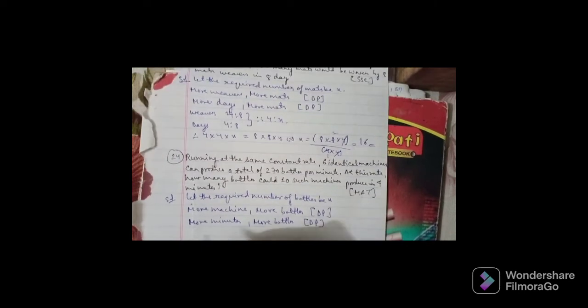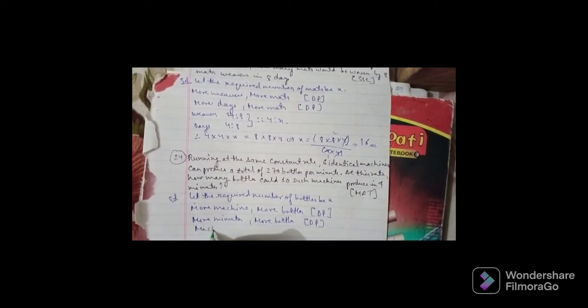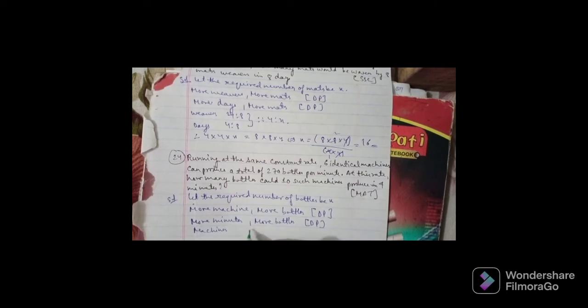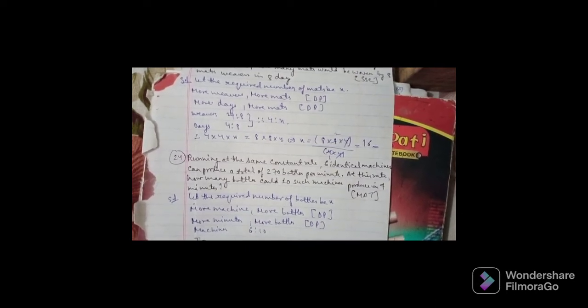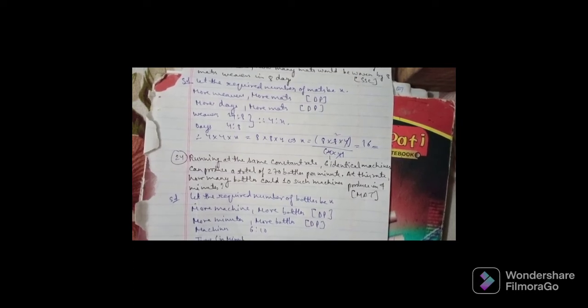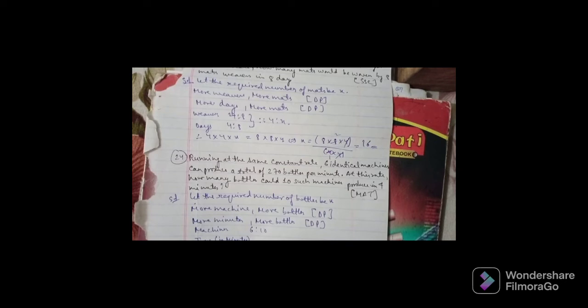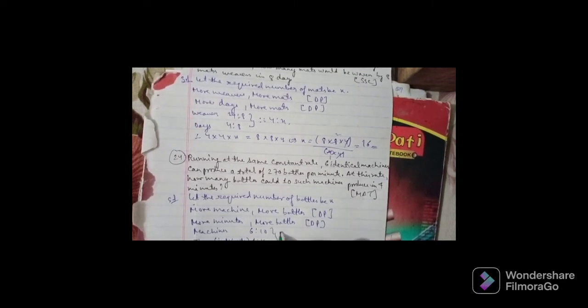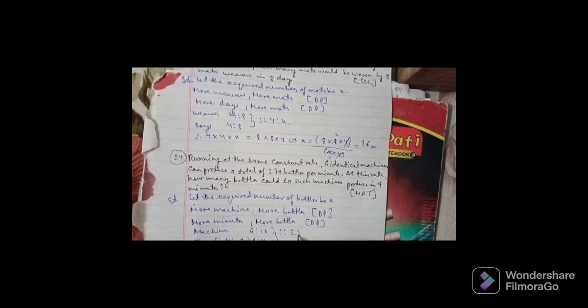So machines 6:10, time in minutes is 1:4, and bottles 270:x.